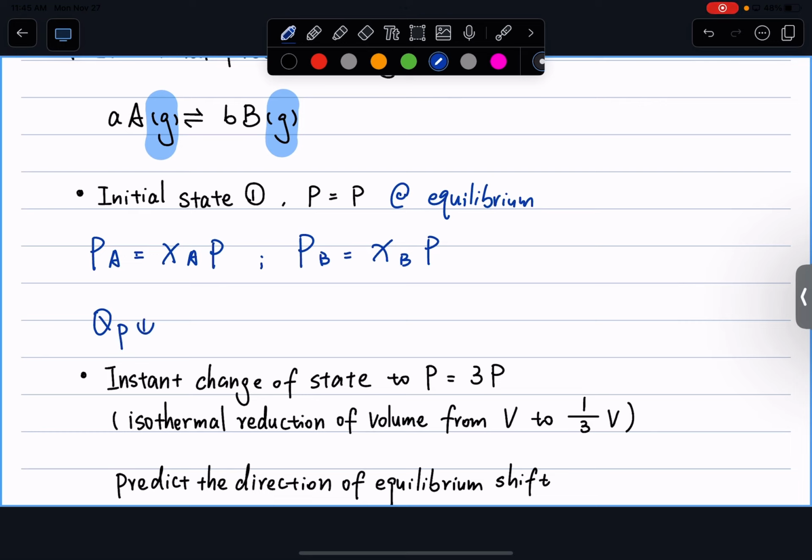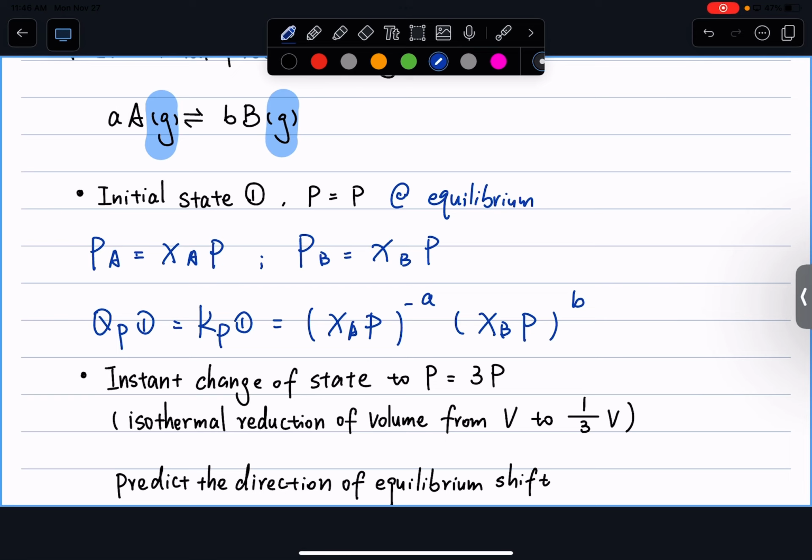So QP at our initial state or at equilibrium equals your KP. And you can express that as the product of your chi A times P to the negative A and chi B times P to the coefficient B. That's the initial state. Your reaction quotient equals the equilibrium constant.